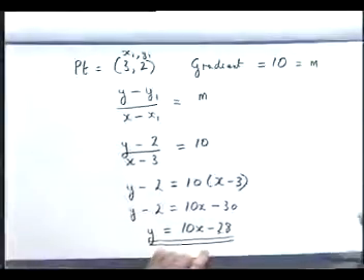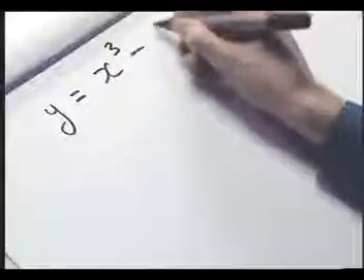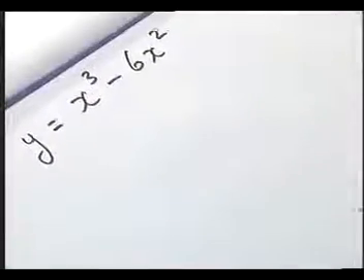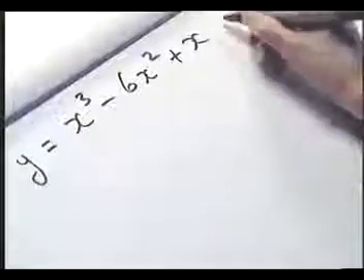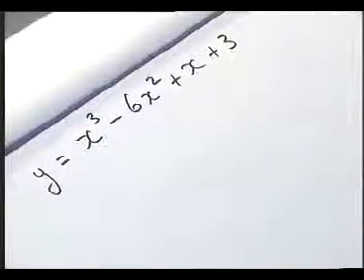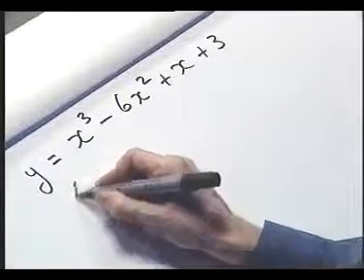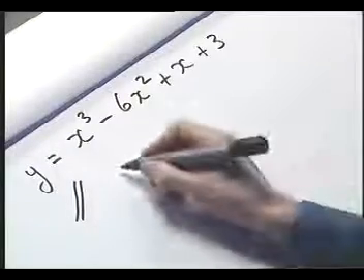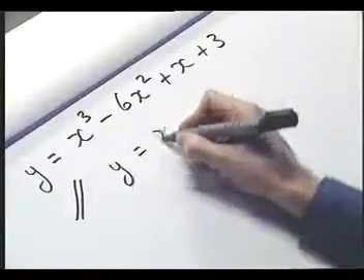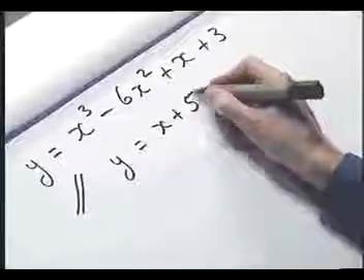Okay, let's take another example. This time, let's say that what we want to be able to do is, looking at this curve, y equals x cubed minus 6x squared plus x plus 3, find the equations of the tangents that are parallel to the line y equals x plus 5.